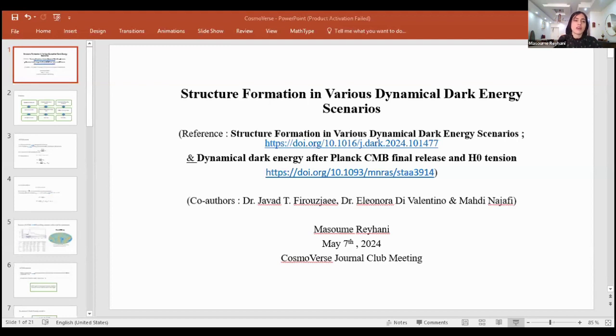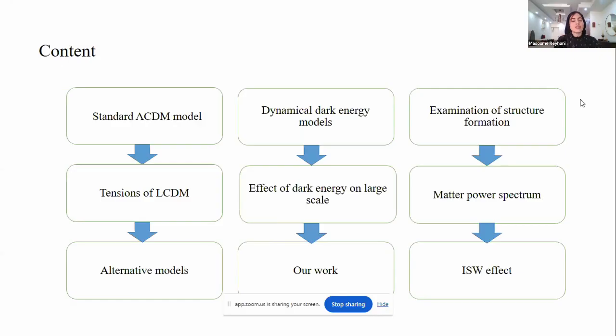First, we know that our universe needs to be described by a model. Lambda CDM is a largely compatible one which can describe the universe very well, given what we comprehend from observations. There are some tensions in the Lambda CDM model which motivated us to think about alternative models such as dynamical dark energy models.